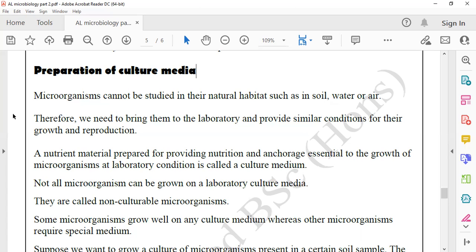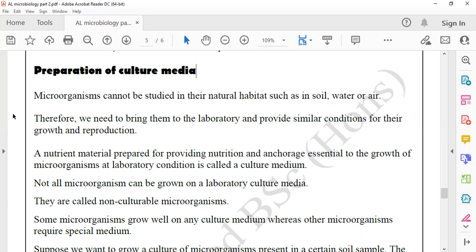So the point is, culturing bacteria is very important. Naturally available microorganisms are very much diluted, and in their diluted form, it's not easy to study them.